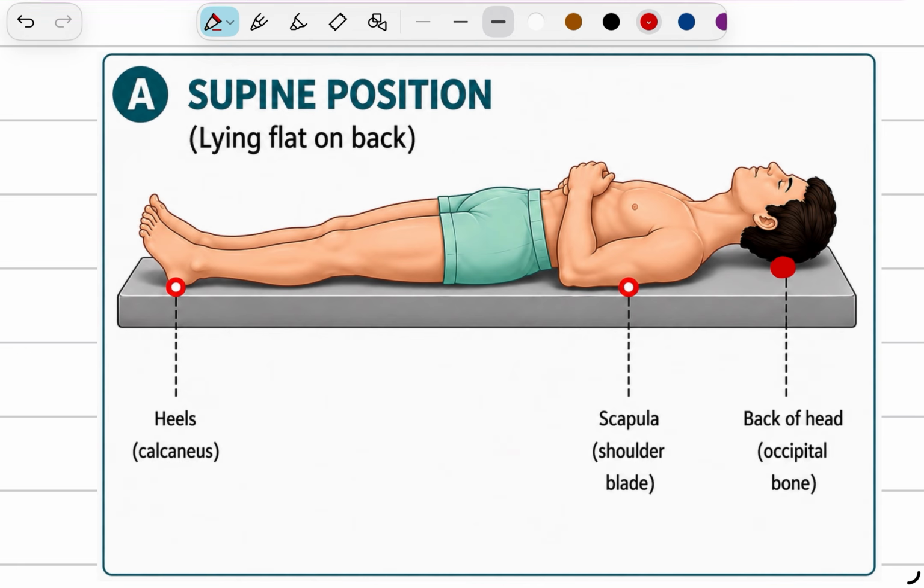Please do remember. Next position, Fowler's position. In this also the same thing, the sacrum and prominences, and very importantly the ischial tuberosity. What is the ischial tuberosity? When you are sitting, how are you sitting?